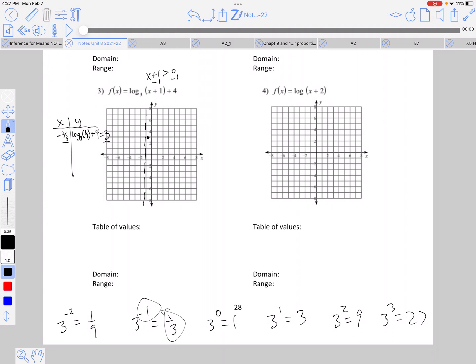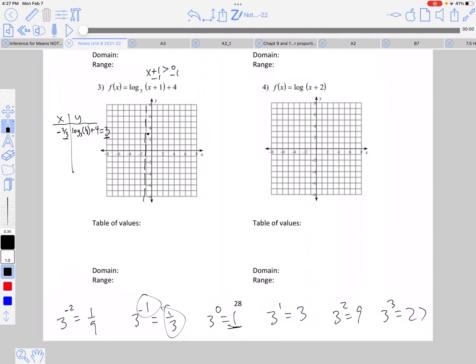Okay, next number I'm shooting for is this 1. How am I going to get 1? I have to think, how do I get that value? 0 plus 1 is 1, so my input will be 0.